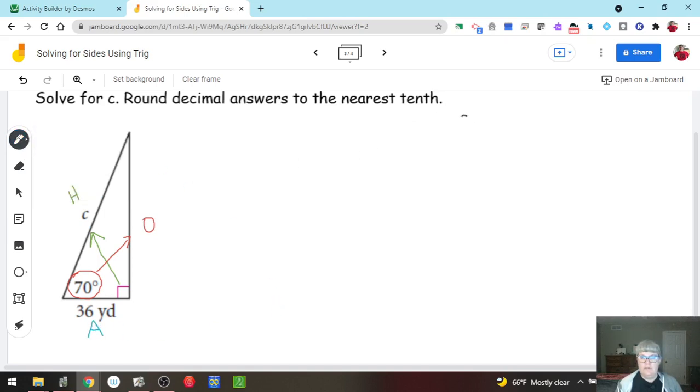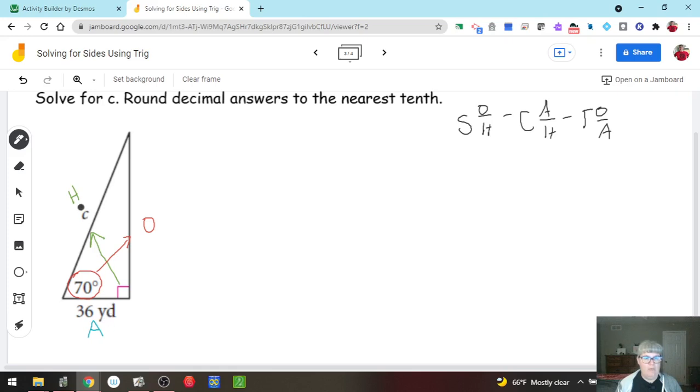It doesn't hurt to write the SOHCAHTOA or have it on a piece of paper near you every time you're doing one of these problems so that you can see we're looking for the hypotenuse, that's the C, and we have the adjacent.